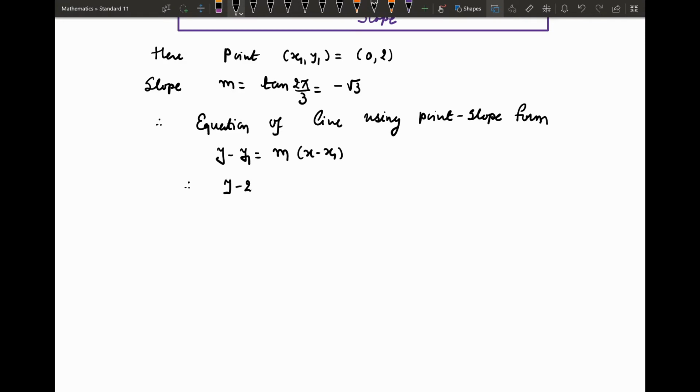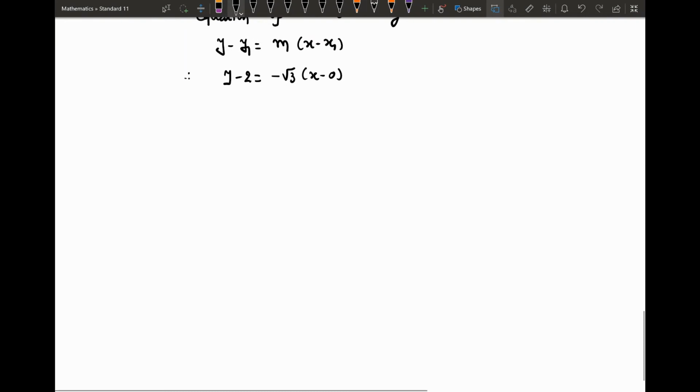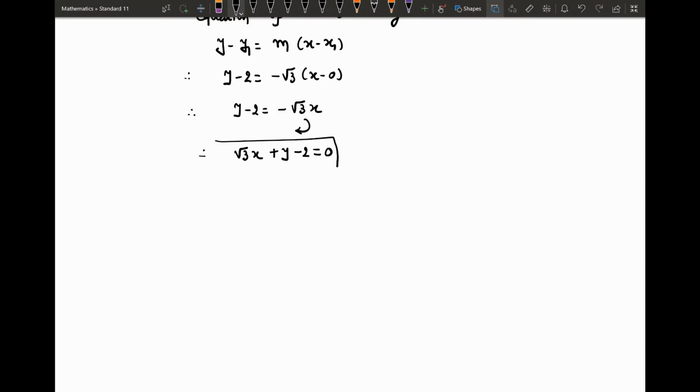So y minus 2, the slope is minus root 3, into x minus 0, and if we simplify this, y minus 2 equal to minus root 3x. Transferring this term, root 3x plus y minus 2 equal to 0. This is the required line.